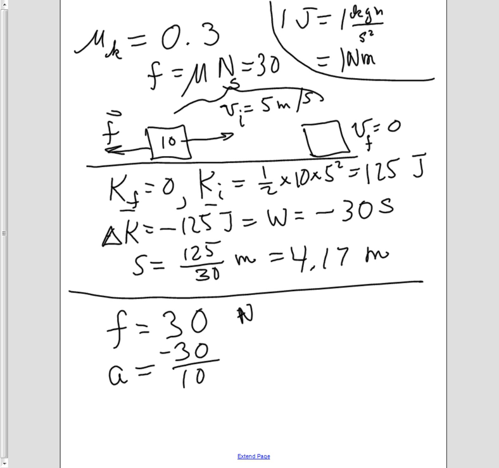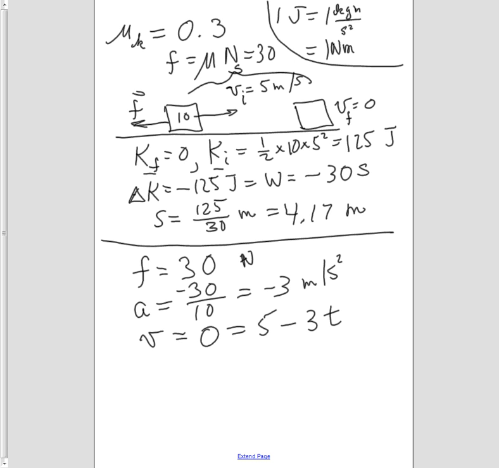It would have been negative if we choose the plus x direction to the right, so this would have been equal to minus 3 meters per second squared. And then you would have said the velocity is 0 at the end, and that's equal to v naught, which is 5, plus at, which is minus 3t.